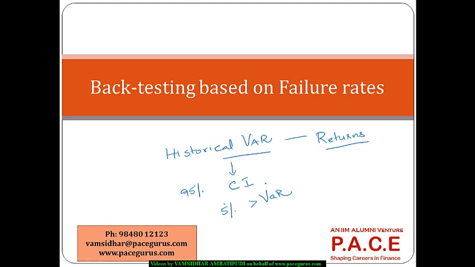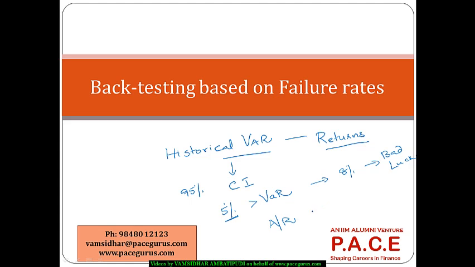So there is a possibility that some observations are going to exceed that VAR number, and in some cases it may be slightly more than 5% also, 6, 7, 8%. So if it is high, then should I say that the model is bad, or should I say that it is purely bad luck? This is where exactly 5% should not be the only criterion. There should be some kind of accept or reject decision.